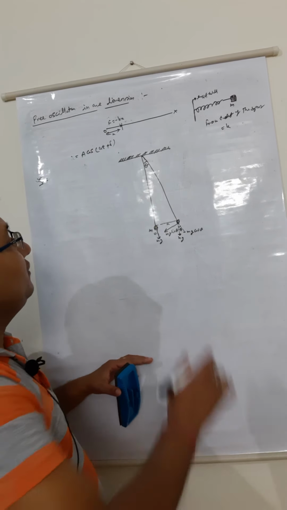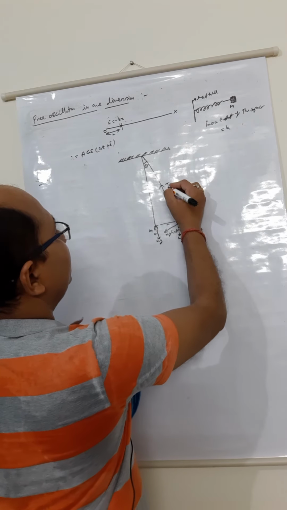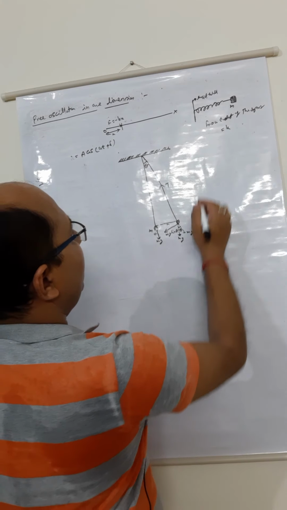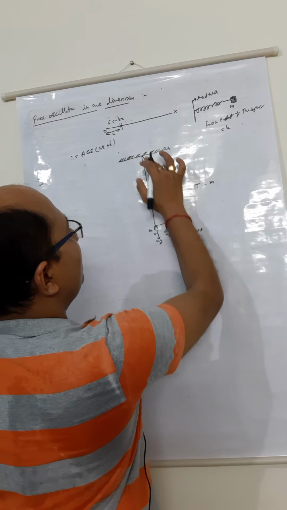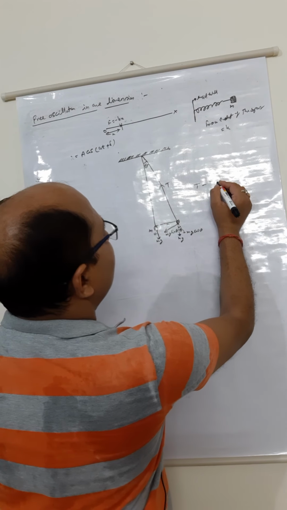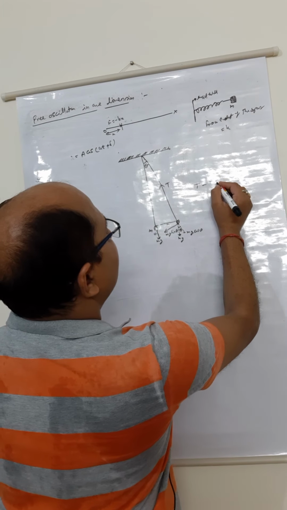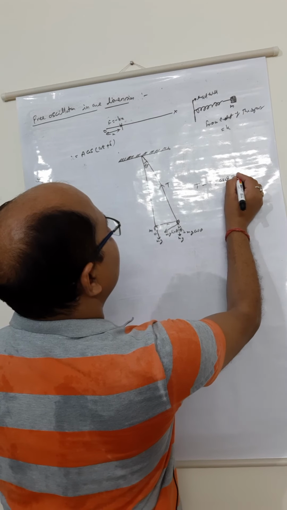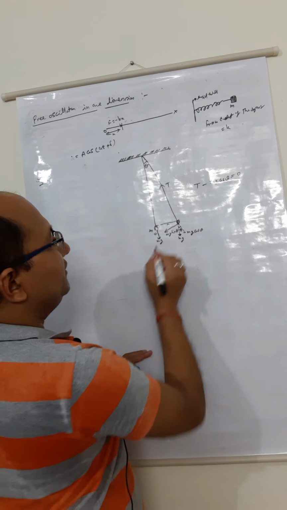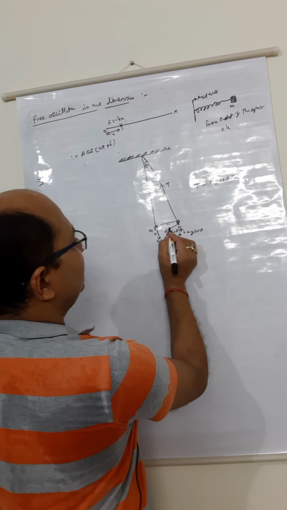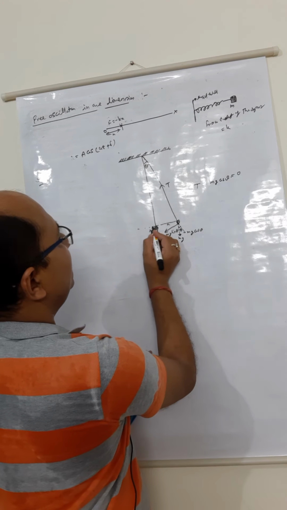We see that this is the tension in the string, and T minus mg cos theta equals 0, because there is no motion along this line, and there is only motion along this x axis, to and fro.